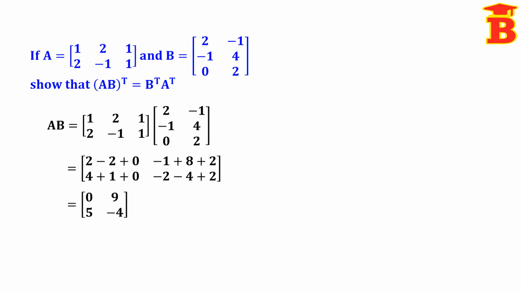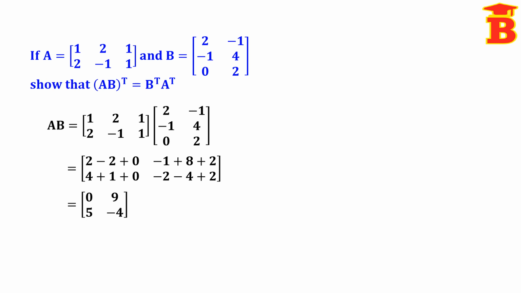Now this is equal to 2 minus 2 is 0, minus 1 plus 8 is 7, plus 2 is 9, 4 plus 1 is 5, minus 2 minus 4 is minus 6, plus 2 is minus 4. So this is AB. We have to take the transpose.